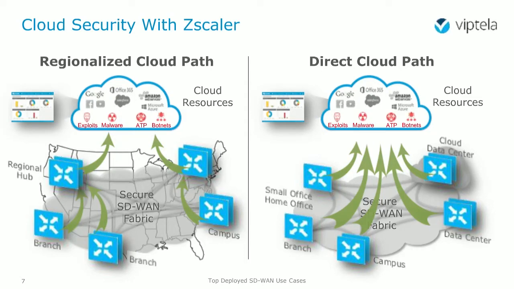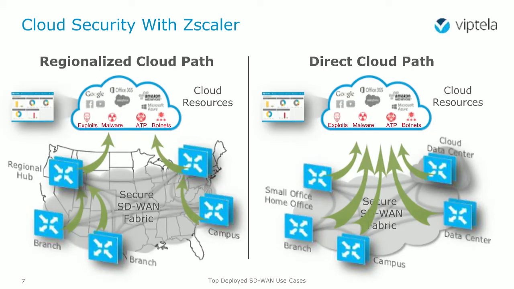And the traffic is sent to the regional hub locations, and from the regional hub locations, it is forwarded to the Zscaler enforcement nodes, where the security posture is enforced and security is done, right? So this is the regionalization of the services for the organizations that are not quite ready to open the floodgates and allow every single branch office to connect into the internet with direct internet access.